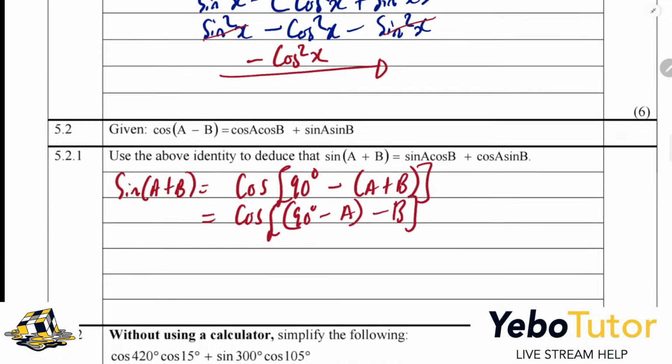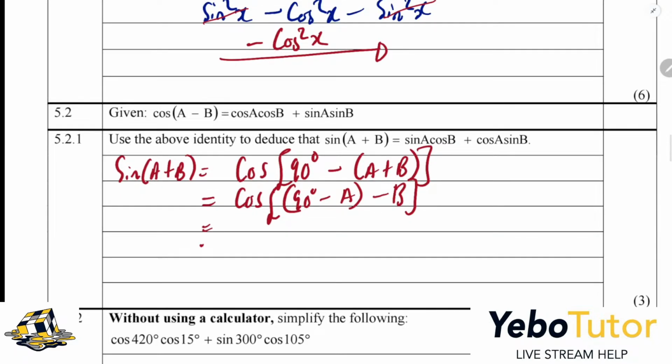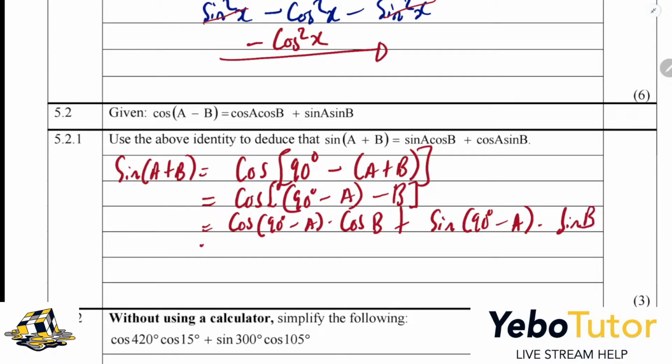Then of course from that point we can now end up having your cos of 90 degrees minus A times your cos of negative B, or sorry, cos of B, and that will be positive, plus sine of 90 degrees minus your A times sine of B, applying that identity over there.